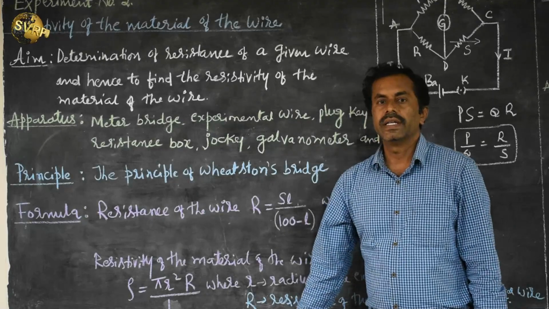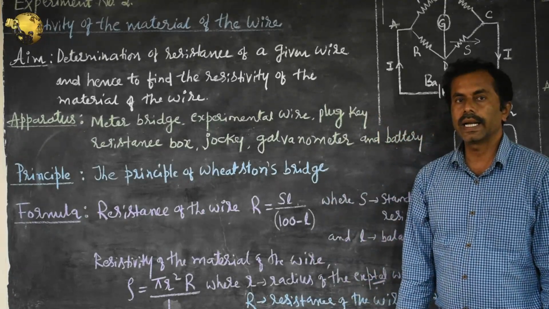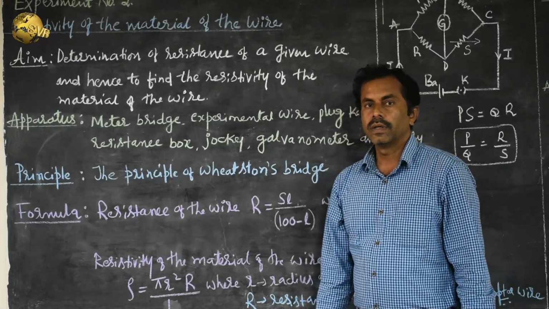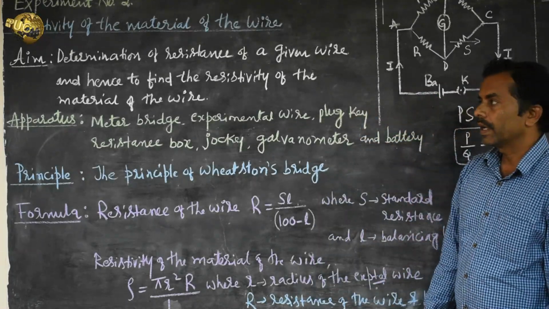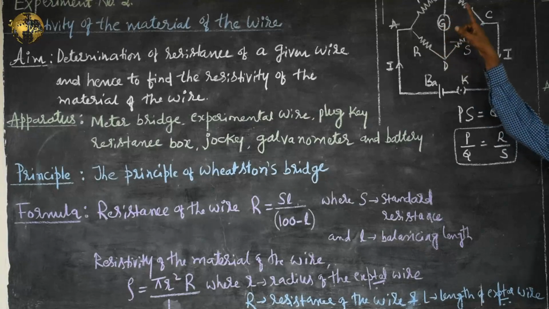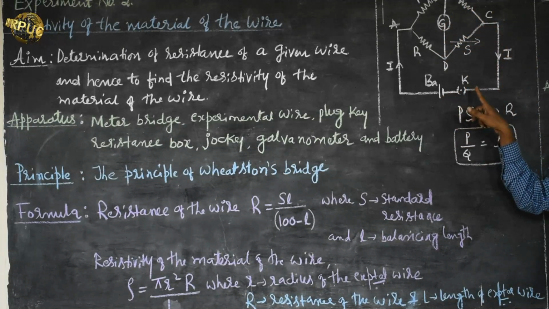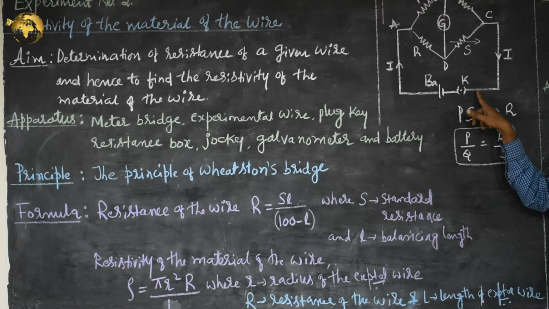Wheatstone bridge is used to calculate the unknown resistance by connecting 4 resistors in the form of a bridge along with a battery and plug key.